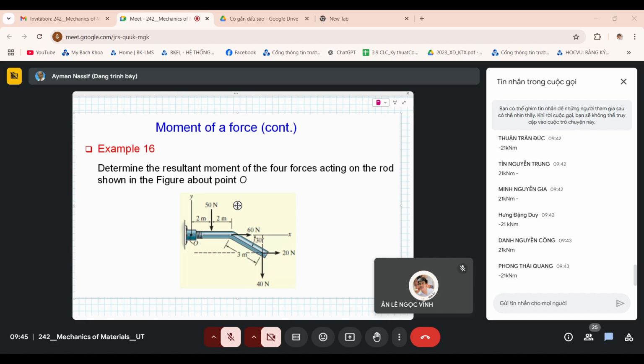And we have these forces, and I'll give you a few minutes to give me the resultant moment of all these four forces acting on this rod about this point here. This point here is significant in engineering, but it can be any point in the plane of the forces.